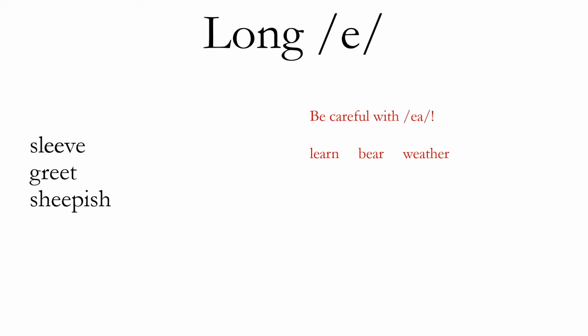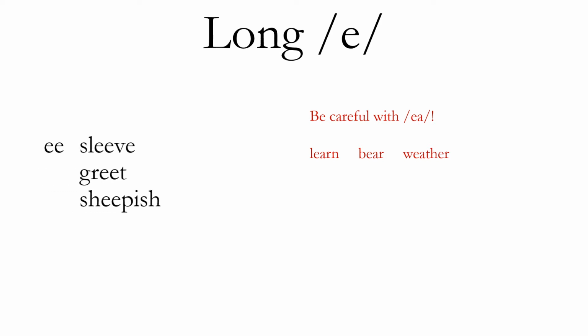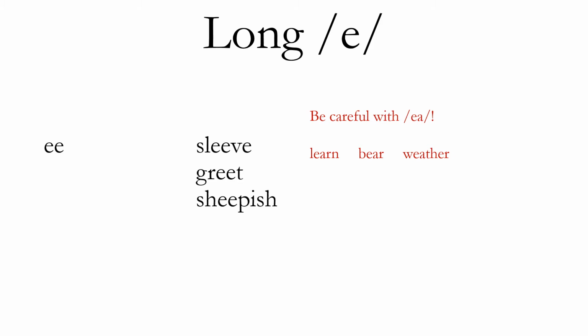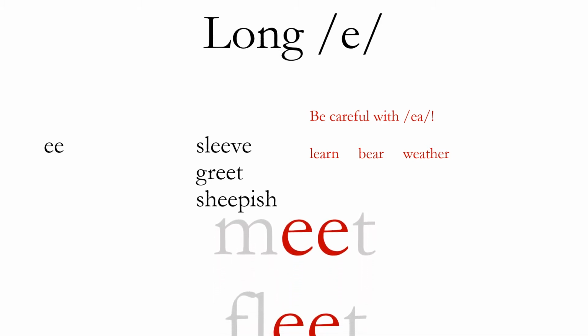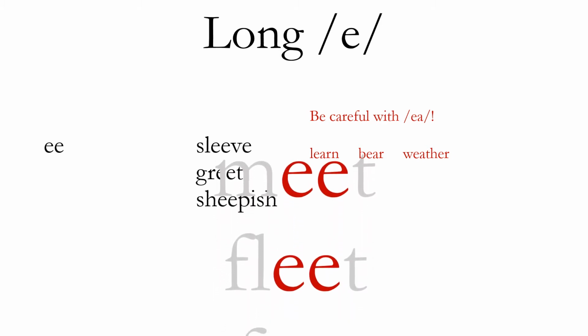Next, we move on to the one that's probably the easiest for you, the double E. We have sleeve, greet, and sheepish. Do you remember what sheepish means? We talked about it. And just like with the other combinations that we've been working on, there are tons of words that use this.